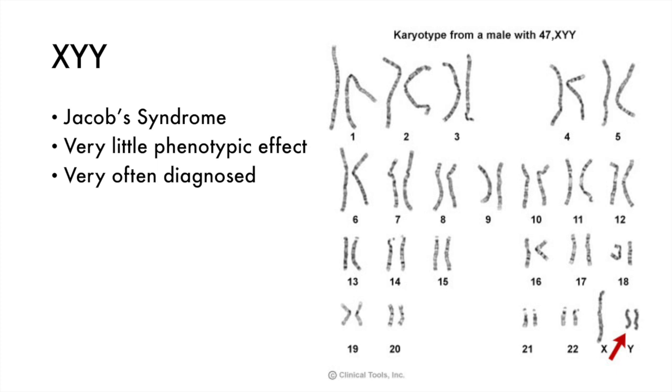In fact, many cases go undiagnosed because there's not a lot of issue with having two Y chromosomes. It doesn't affect your ability to do things. So it's been debated whether or not we should even consider this to be a syndrome. It's kind of more just surprise, you have an extra Y.